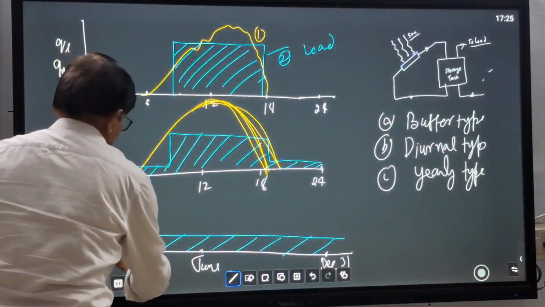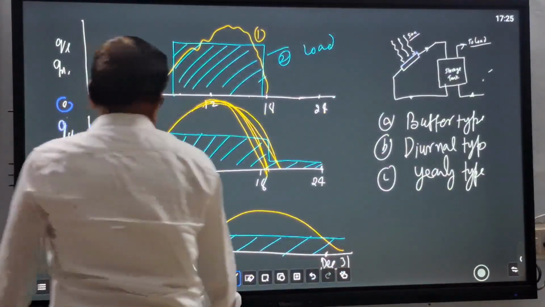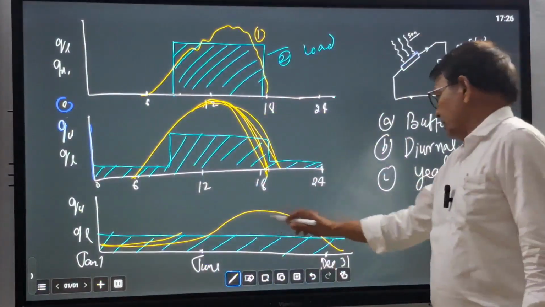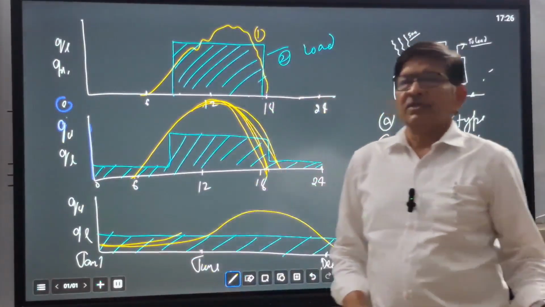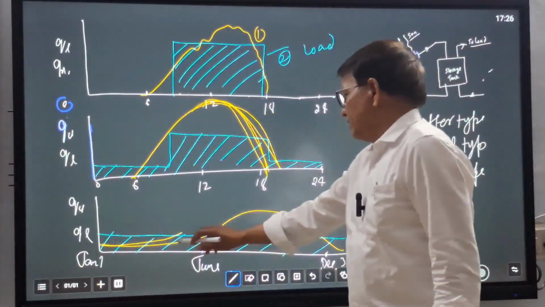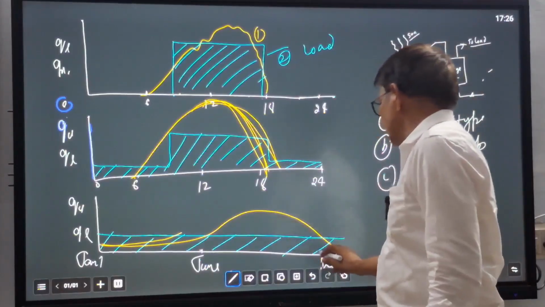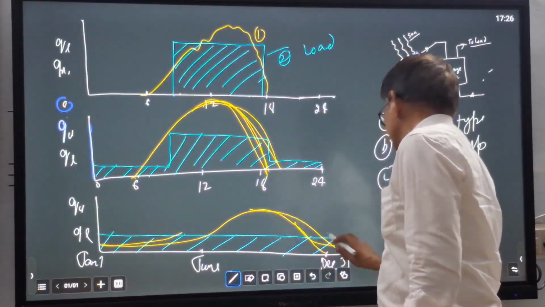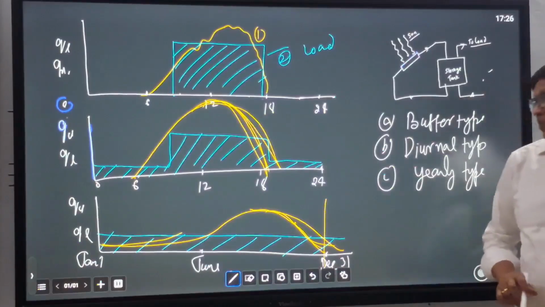It starts here from June and lowers here, because generally more heat is available from the month of June, and it decreases starting in January, because these are generally cold seasons. In the cold season energy availability is less, and it increases as temperature rises. From June to December, it will be like this, reaching here. So this is a yearly type of energy storage.